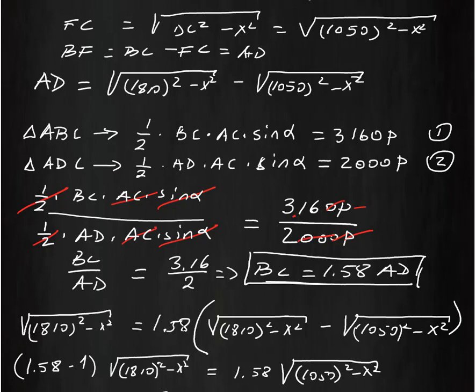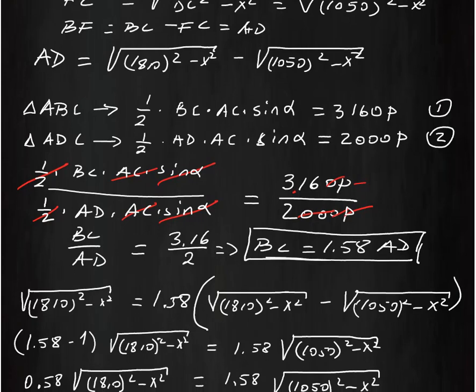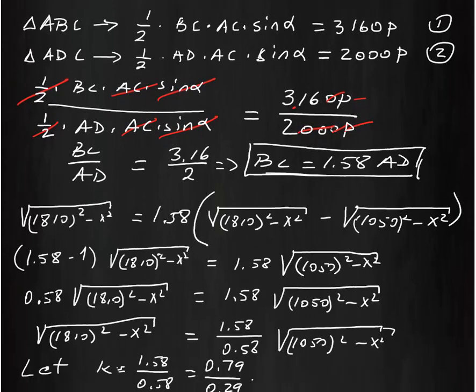now this is equal to 1.58 times the quantity square root of 1810 squared minus x squared minus square root of 1050 squared minus x squared. So by moving and shaping, we can get that 1.58 minus 1 times the square root of 1810 squared minus x squared is equal to 1.58 times the square root of 1050 squared minus x squared.